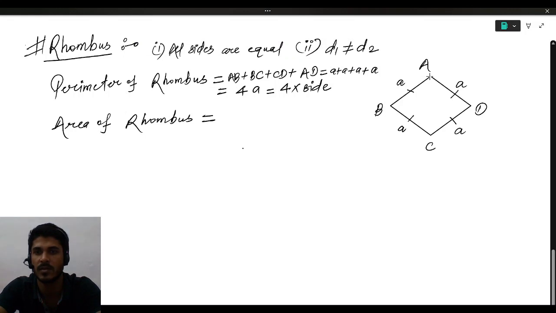So we will draw a line from a vertex, let's suppose we are dropping a line from this vertex, and it will be perpendicular to the side opposite to it. Got it?